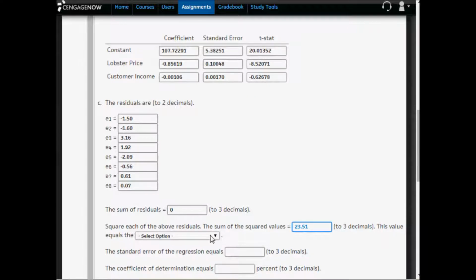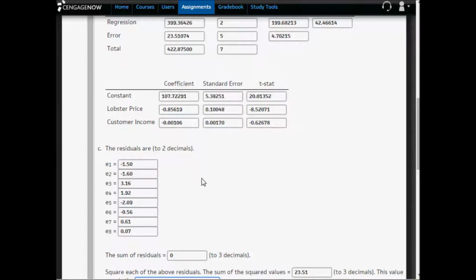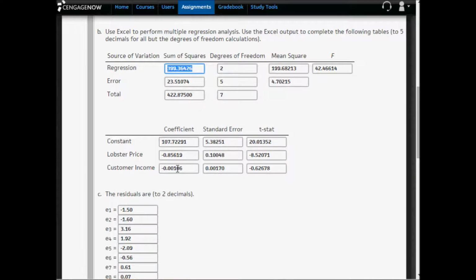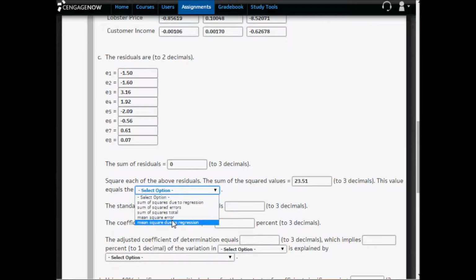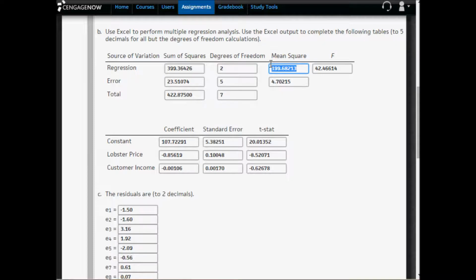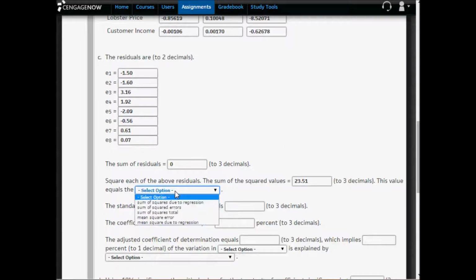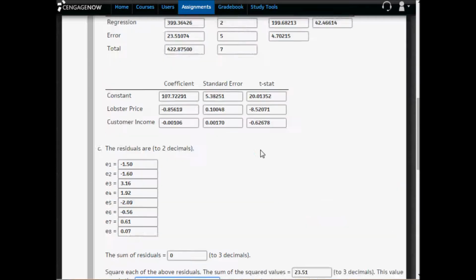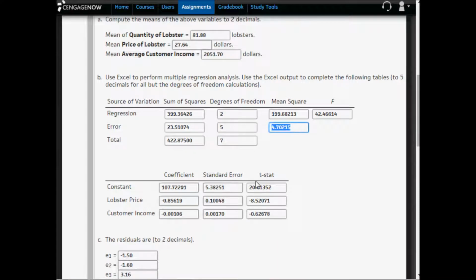Now the next question says this value equals sum of squares due to regression, sum of squared errors, sum of squares total, mean square error, or mean square due to regression. That's the SSR. It doesn't equal that, right? The SSR is that. Mean square due to regression? No. Mean square error? Nope.